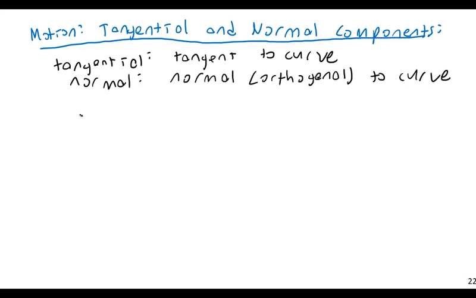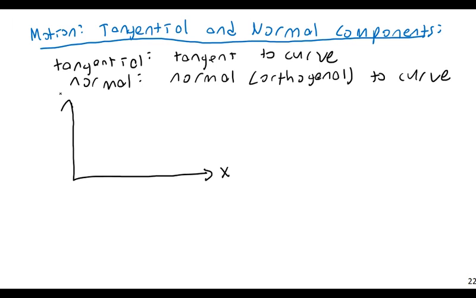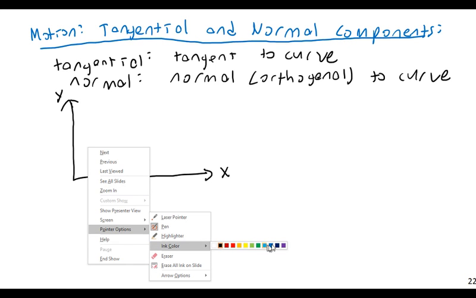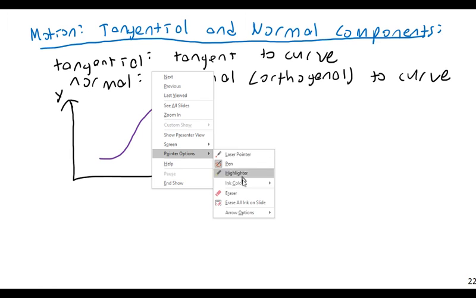So if I have an xy plane and just an arbitrary path, and this object travels along it, I can say that it has two components.